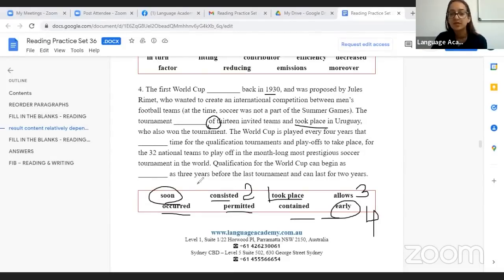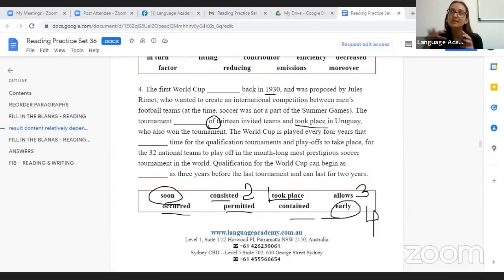Any confusion, anyone? Took place back. You don't have to read these three words together. So you have to read the first World Cup took place back in 1930. So it's not like any word we can pick up from the sentences, any group of words.